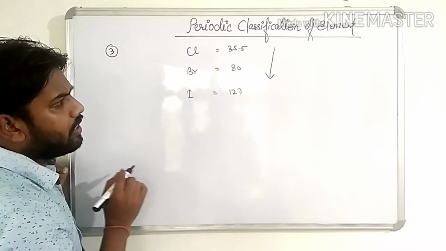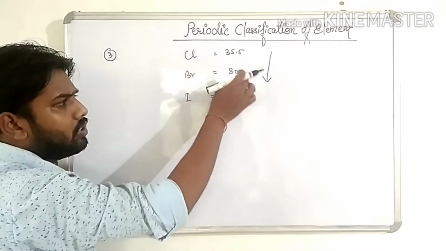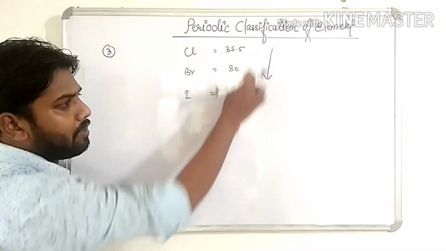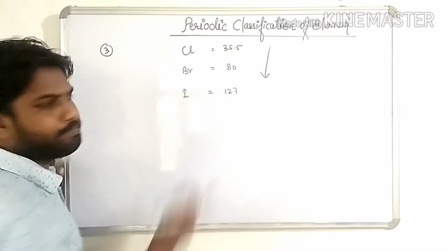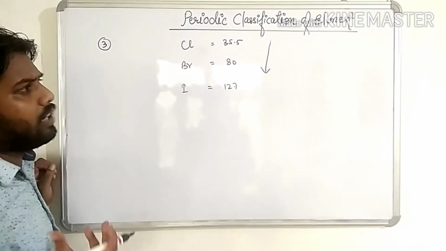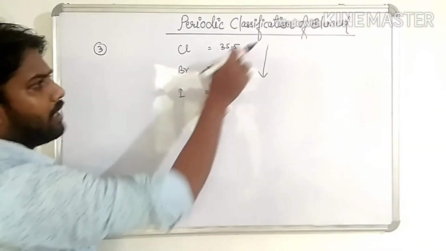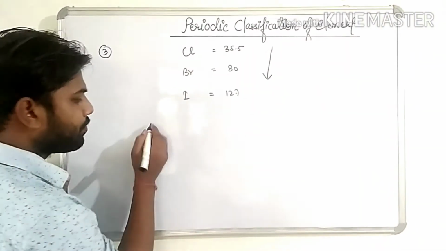So children, we can easily find the atomic mass of the middle element by the arithmetic mean of the other two elements. Okay, let us calculate the mass of the middle element by the average of the other two elements.